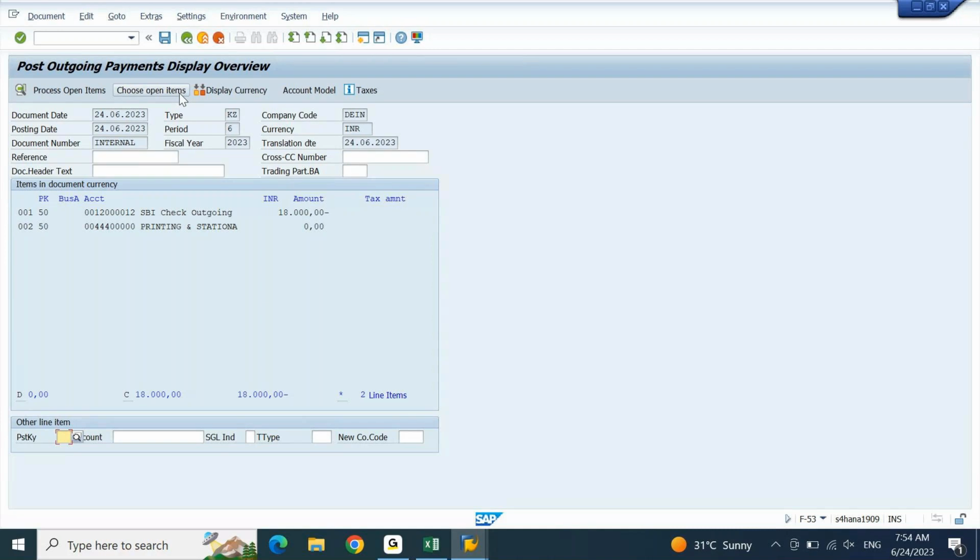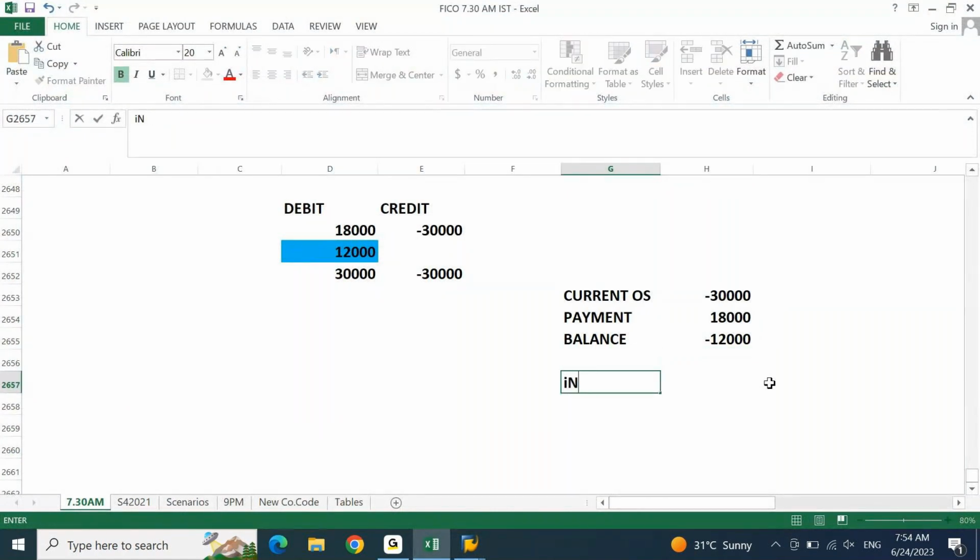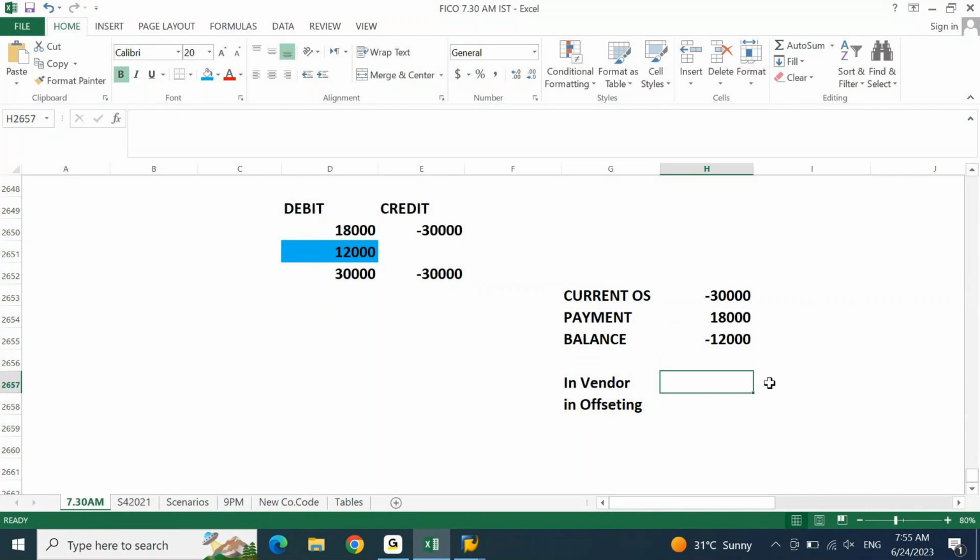In your vendor account, what will it become to make it zero? Debit. In vendor it will be debit 12 or credit 12? Debit 12. In offsetting, credit.